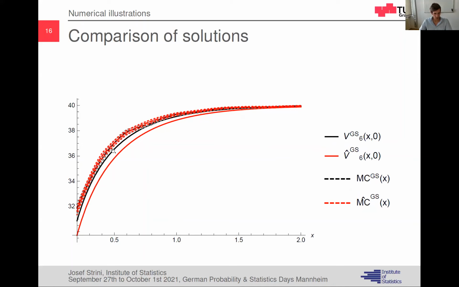Here in black, this is the solution of the ODE approach, and in red we have the solution of the ODE approach where we use estimated characteristics, and the dashed lines correspond to their Monte Carlo simulated counterparts. And of course, we can observe that the Monte Carlo simulated solution is less sensitive to the estimation procedure, which is quite interesting.